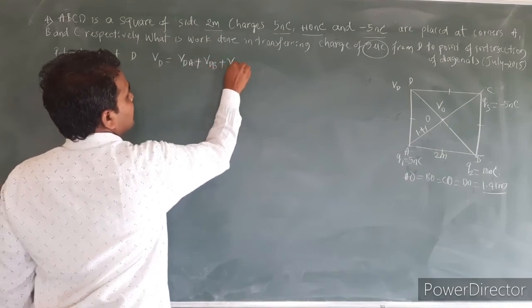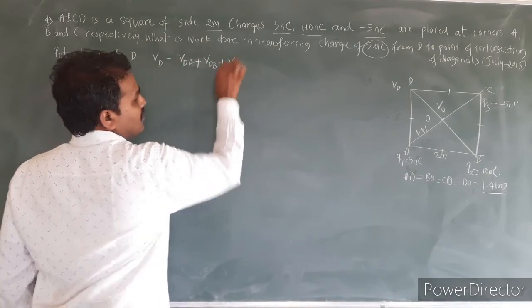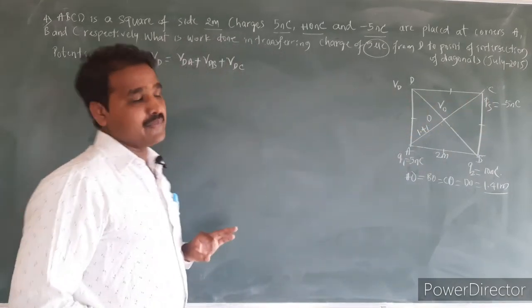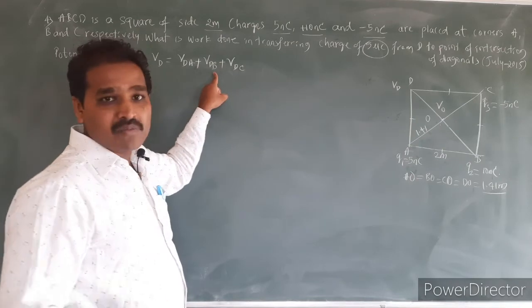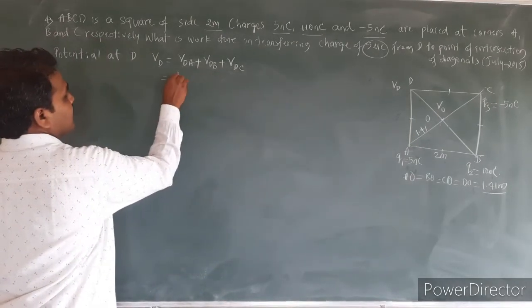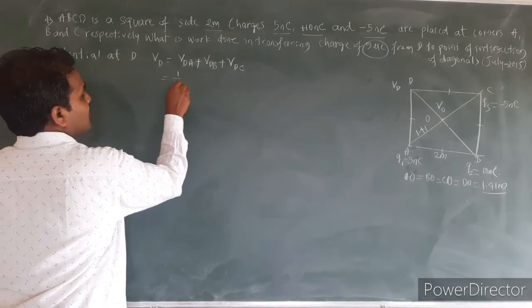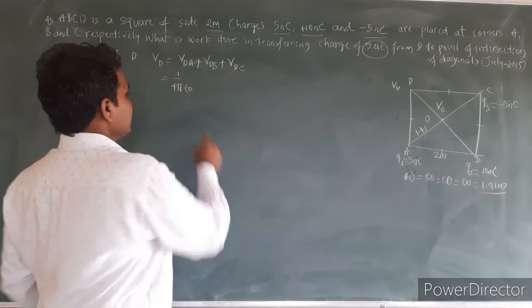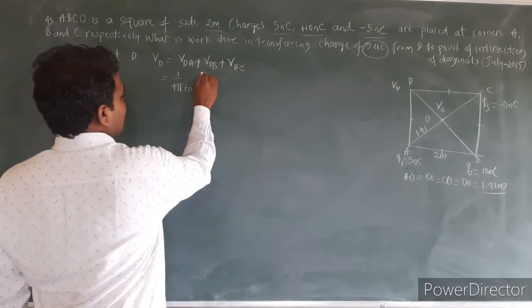Similarly, we write the potential at D because of source charge C as VdC. For all these values, 1 by 4 pi epsilon naught is constant, so I can write it outside. Let me separately write the values of VdA, VdB and VdC. So this is equal to 1 by 4 pi epsilon naught.